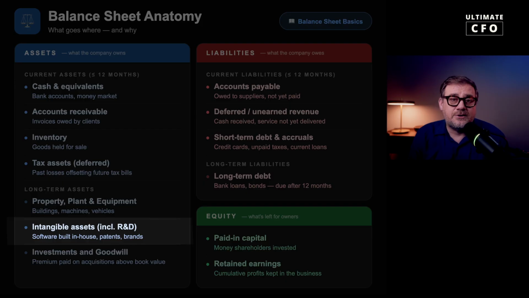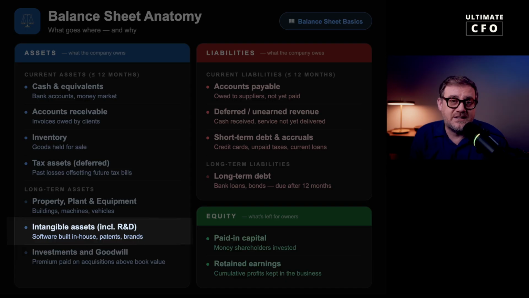Those salaries that you're paying to this team shouldn't just be a cost right away because they are essentially building a long-term asset for you. So what we typically do is we would put this on the balance sheet instead of directly putting it into cost.